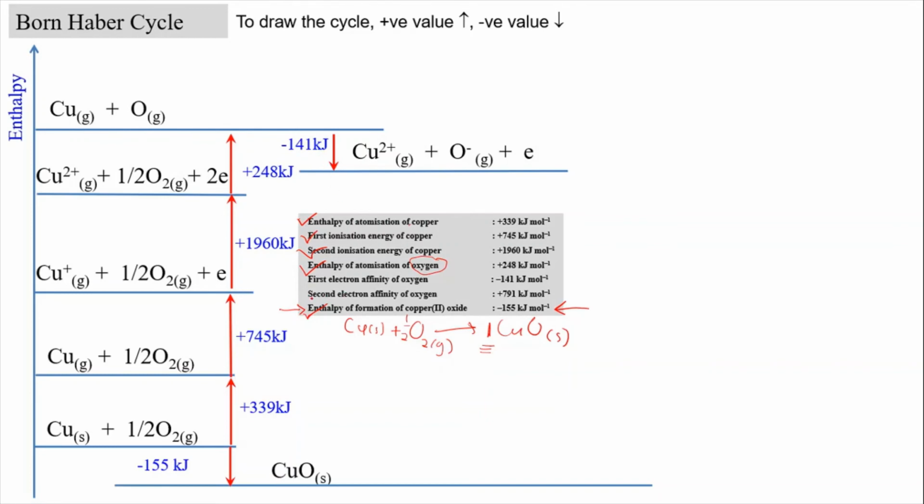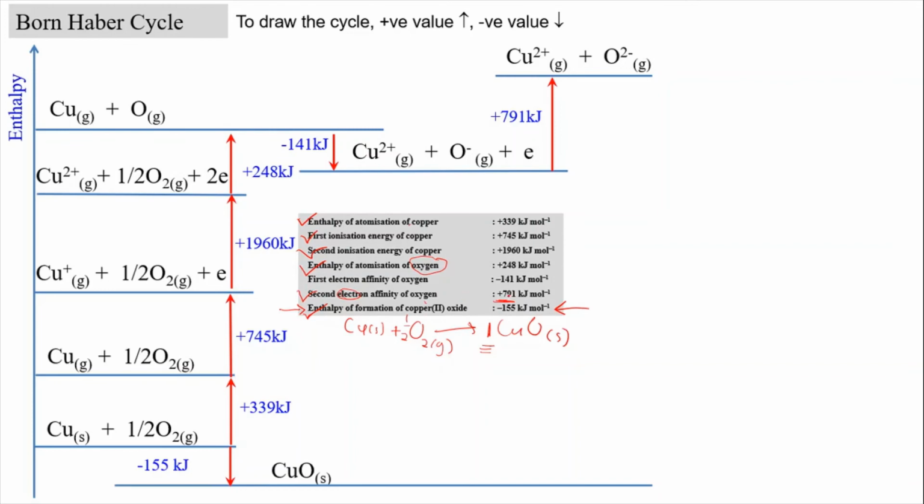And then the oxygen will receive another electron, second electron affinity, but now it will increase by 791, forming Cu2+ plus O2-. So 791. All right, so we have settled with the information given here.